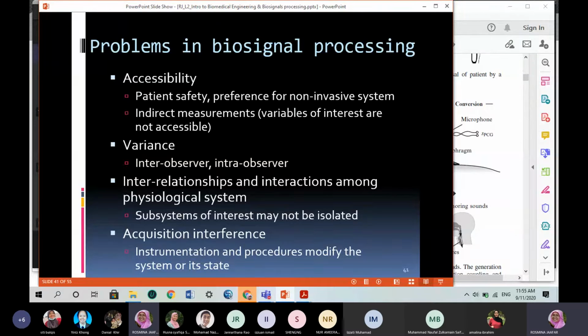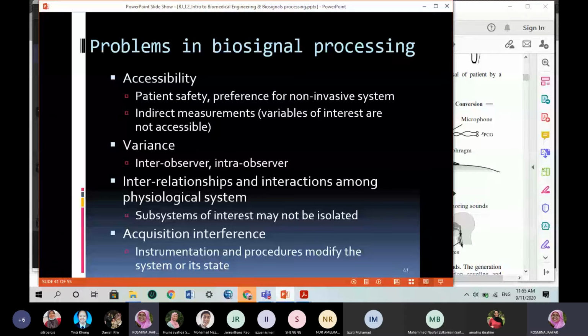Okay, and the interrelationships and the interactions among the physiological systems themselves can affect the signal behavior. Our body has its own system that needs to maintain homeostasis, so the interrelationship among the organs in the body is always affecting other subsystems. Subsystems of interest may not be isolated because the body interacts.